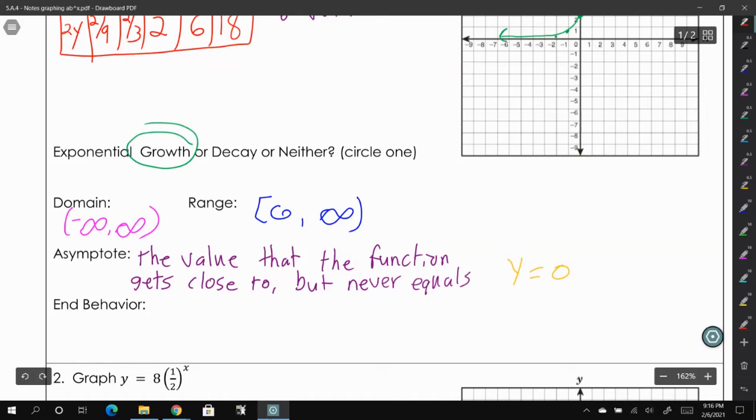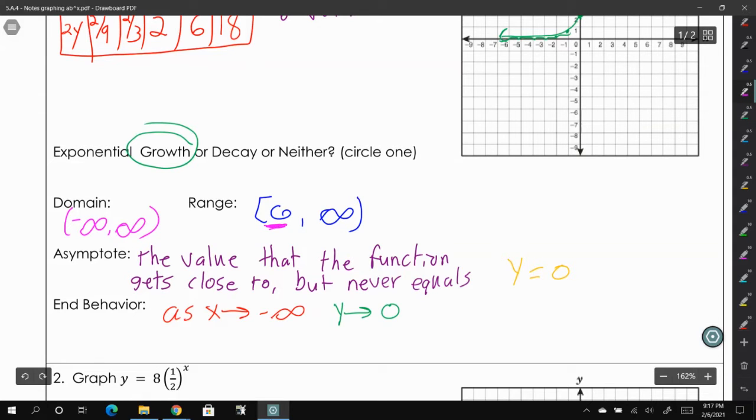So now the end behavior as x approaches negative infinity. So look at my green line here. As my x values get closer and closer to negative infinity, my green line or my y values get closer and closer to that asymptote, which is 0. So y approaches 0. You'll notice something.